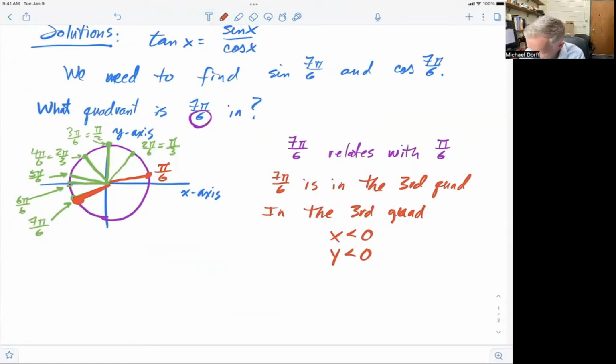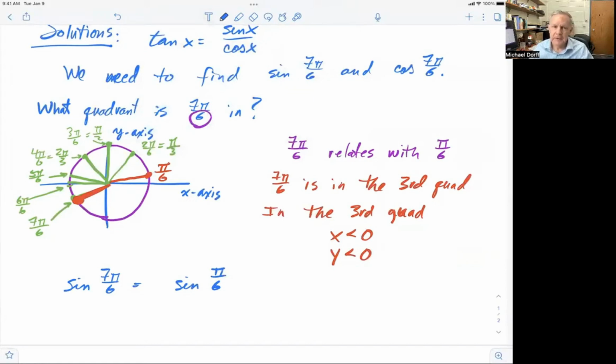Let's work these out. So the sine of 7 pi over 6 is going to relate with the sine of pi over 6. But remember, the sine represents the y value, and so the sine of pi over 6, its y value is the height above the x-axis.